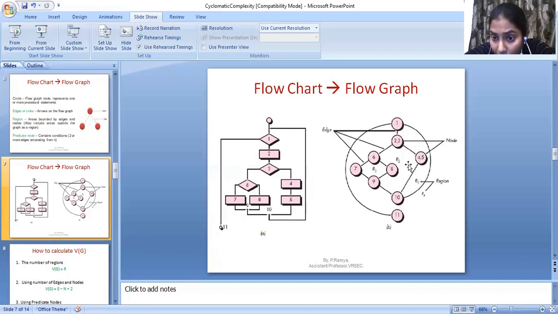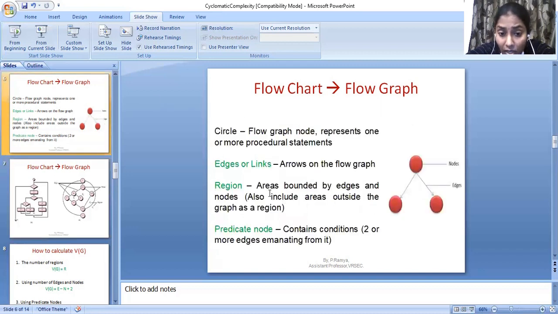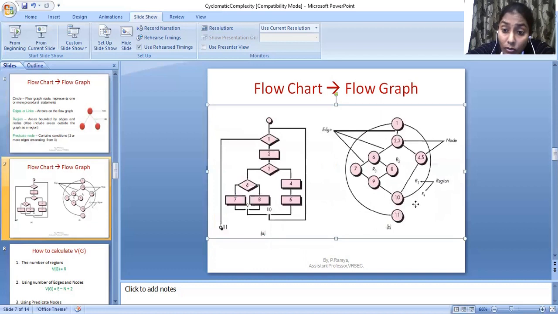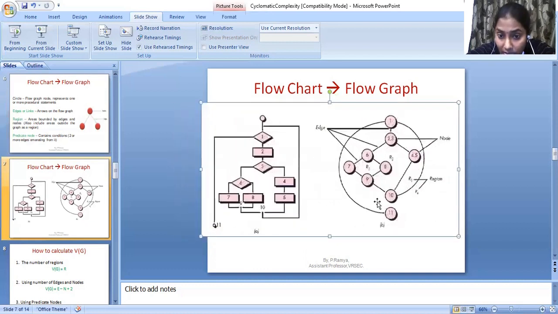Next, R2 is another region. Then 6, 7, 8, 9 is another closed region. But by the definition, it also includes the outside region, so you have to count the outside part of the graph also. From 1 it connects to the outside, which is the outside part of the graph. So there are 4 regions.